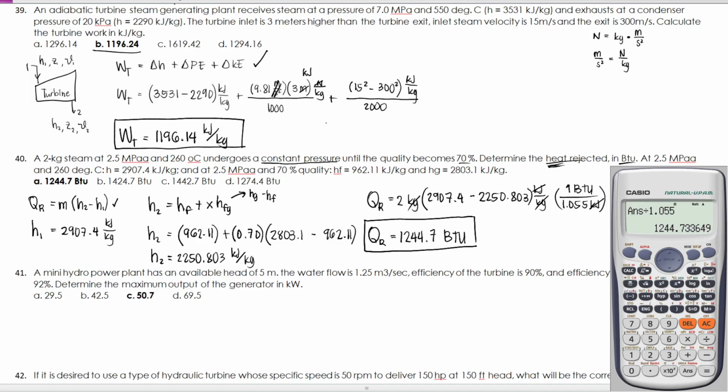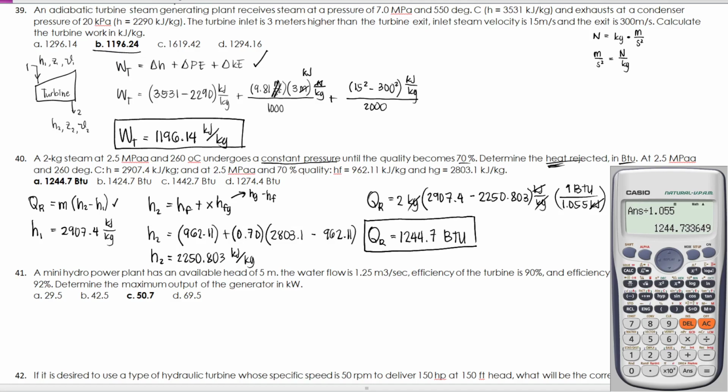Kapag yan is at constant volume na, yung heat, rejected man or added, is equal na sa change of internal energy naman or delta U. Okay? So, dito lang, yung heat natin is equal sa change of enthalpy kasi constant pressure process.